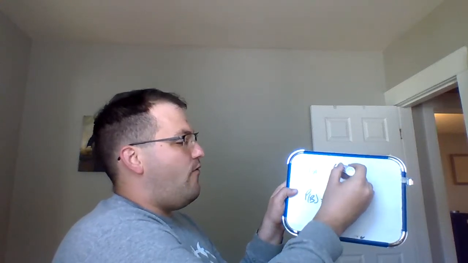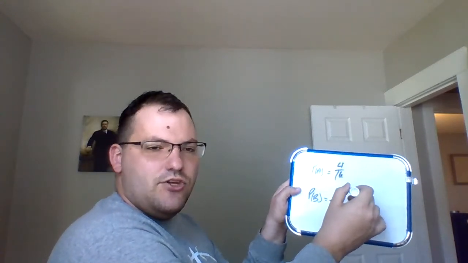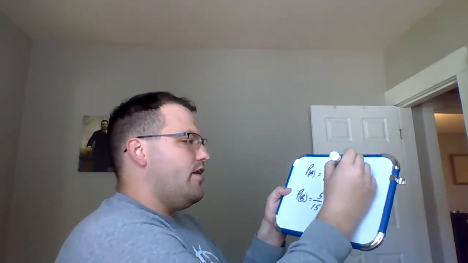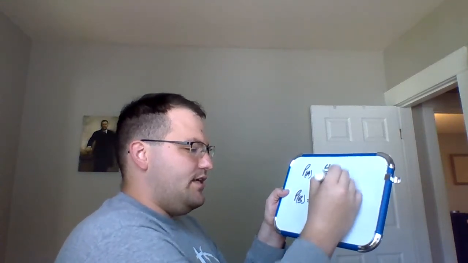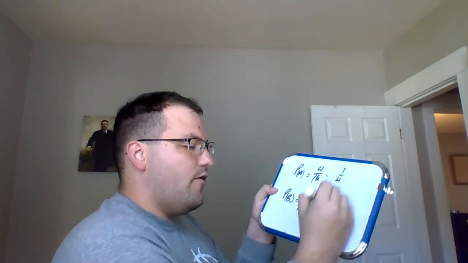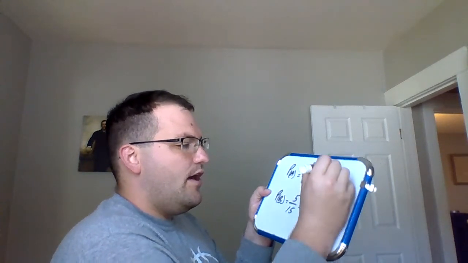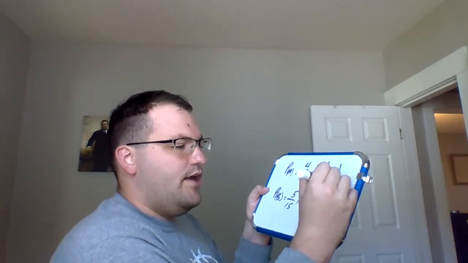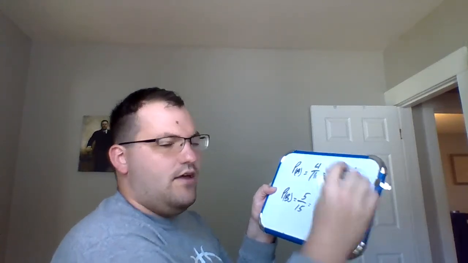So there's 4, but this numerator is unchanged. I'm actually going to reduce these so that it's a little easier to work with. And I've got 1/4 and 1/3. And 1/4 times 1/3 is 1/12. It's a 1/12 chance of getting the orange and then the apple.